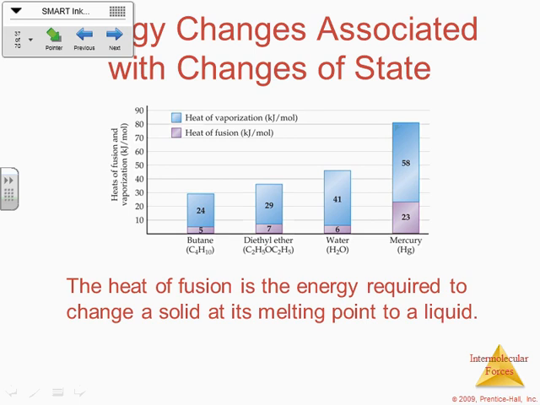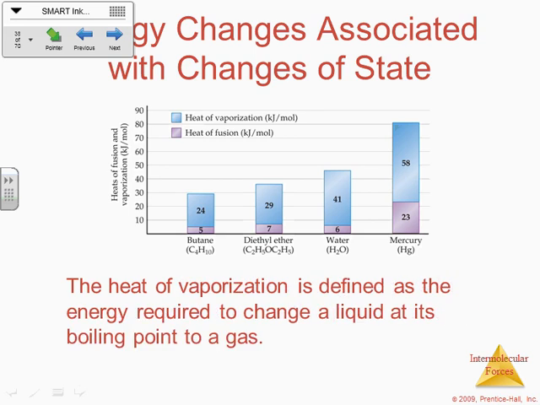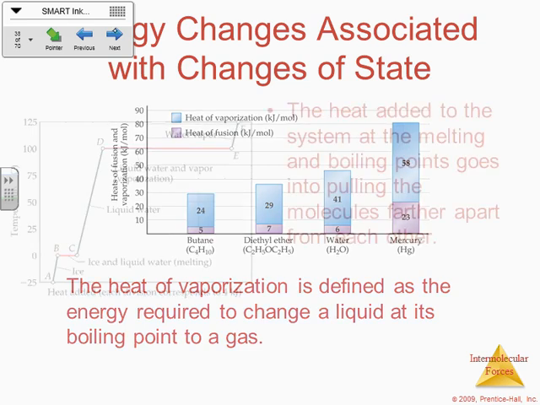So, for example, water, its melting point is 0 degrees Celsius. Okay. So at 0 degrees, it's the amount of energy it takes to melt it, to break some of those intermolecular forces. And then heat of vaporization is the heat or the energy that it takes to change a liquid into a gas.